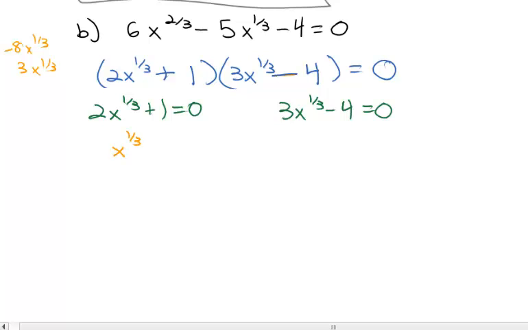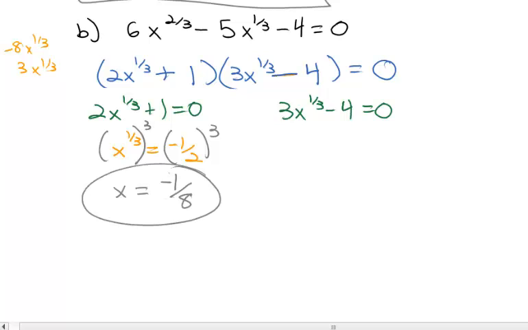Solving the first one, we get x to the 1/3 equals negative 1/2. The way we get rid of a 1/3 is we do the reciprocal exponent, the third power. So x is equal to negative 1 cubed is negative 1, over 2 cubed is 8. Our first answer is x equals negative 1/8.